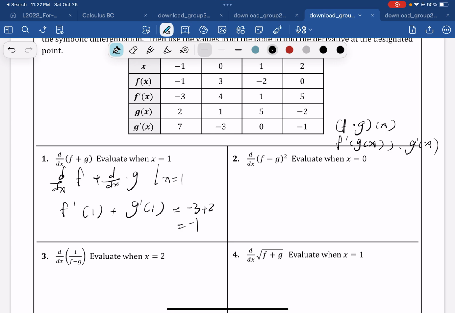So for this one, what we got is f prime of g of 0 times g prime of 0, because it's asking us the value when x equals 0.